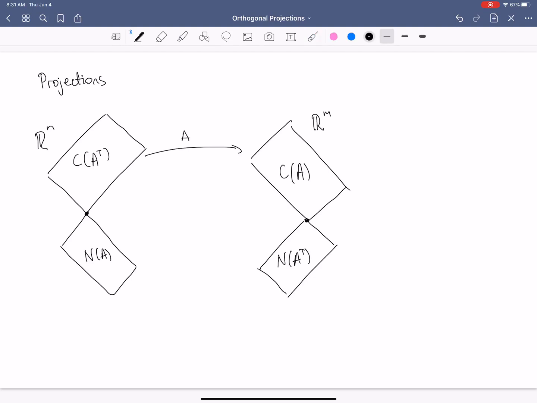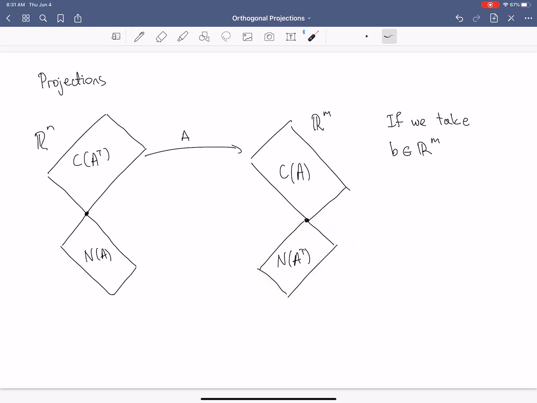What that means is that if I take an arbitrary vector, some vector b in Rm, so a vector with m components, we are not guaranteed that this vector b will be in the column space of A, unless the left null space is 0, right? So if this is just the 0 vector, then yes, everything is in the column space because the column space will be all of Rm.